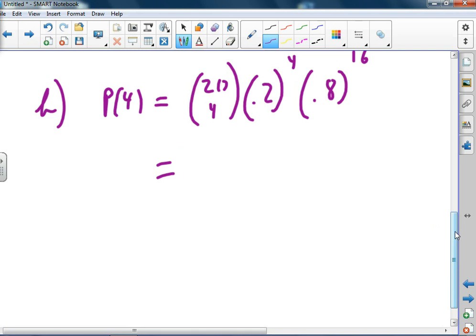So 20 things taken 4 at a time, times 0.2 raised to the 4th power, times 0.8 raised to the 16th power, and I got 0.2182.